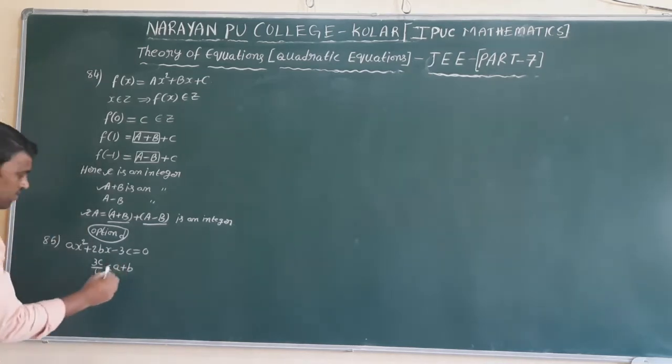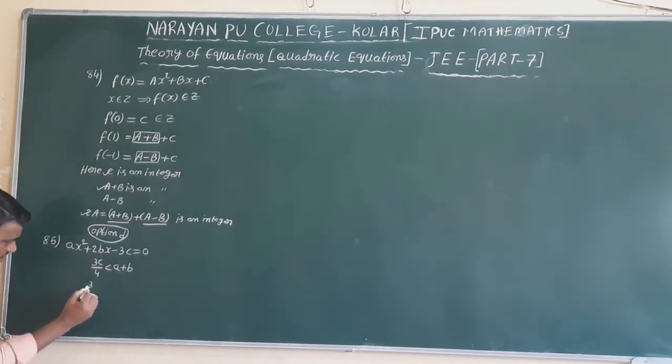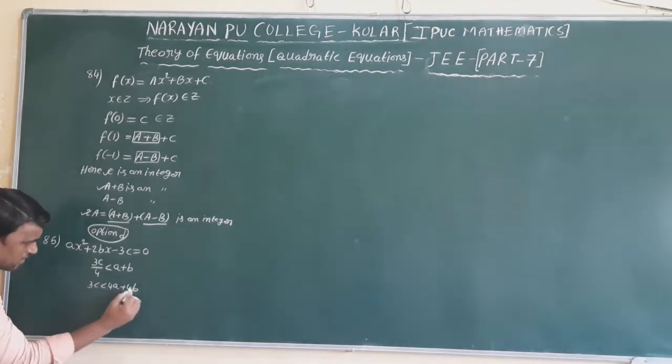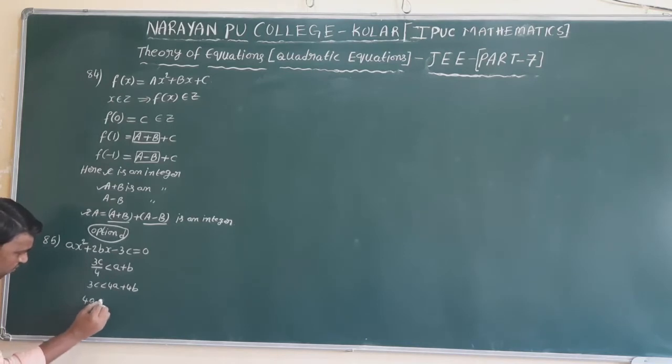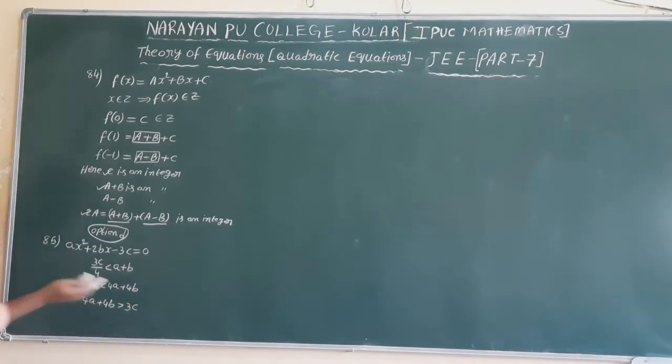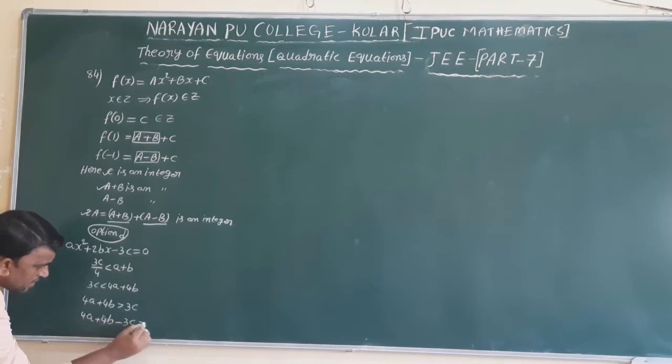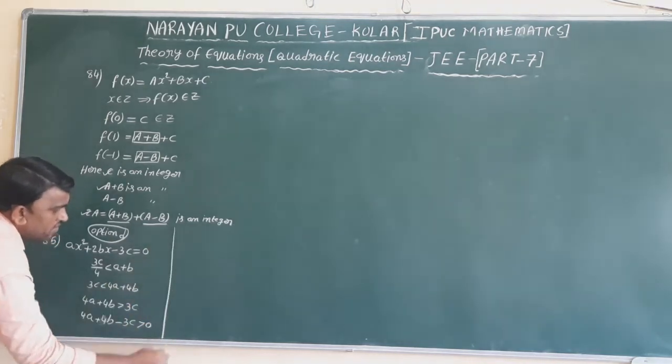So simplify this. 3c is less than 4a plus 4b. Also we can write 4a plus 4b is greater than 3c. We'll change it: 4a plus 4b minus 3c is greater than 0.